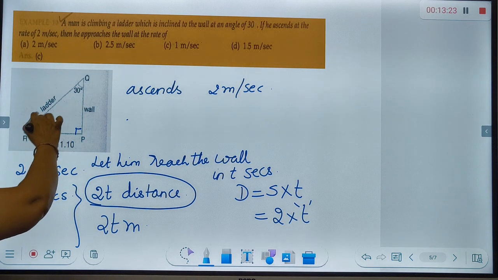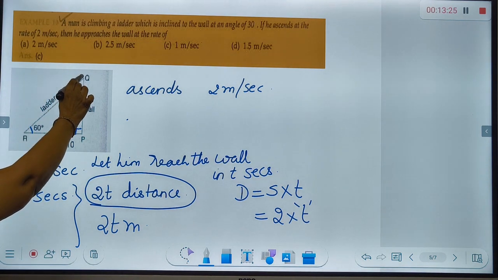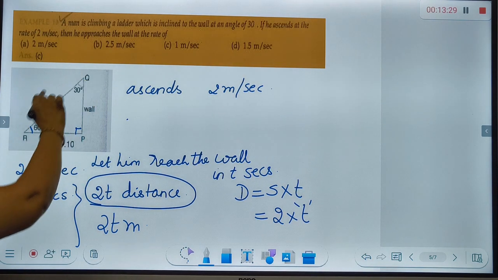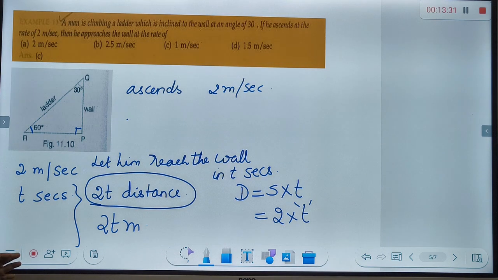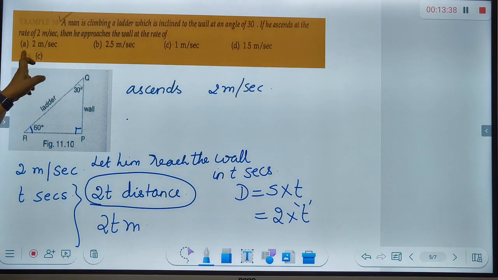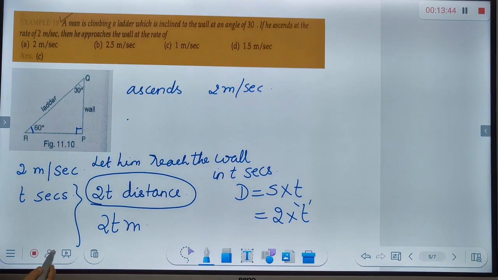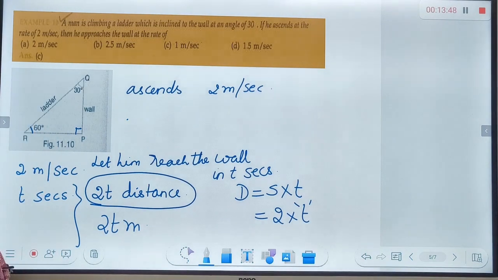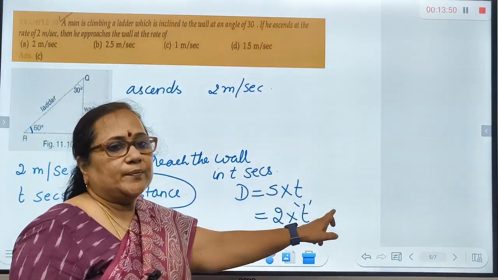As he is climbing the ladder, let him reach the wall in t seconds. Then what is the distance he has travelled along the ladder? That is, what is RQ? What is given? He is climbing at the rate of 2 meters per second. So in t seconds you would have travelled 2t distance, because distance is speed into time.